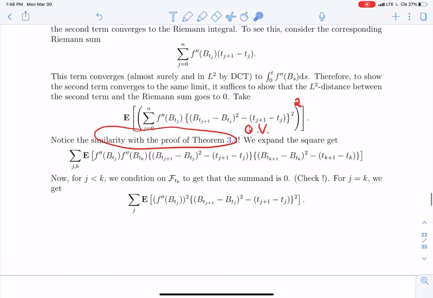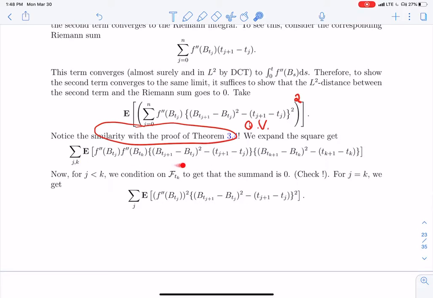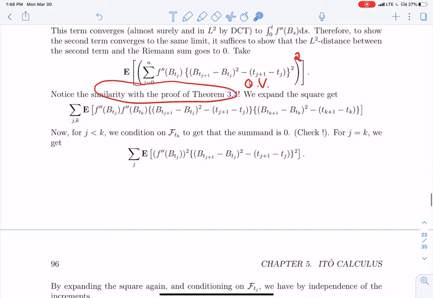So you expand the square, and what happens is I get a double sum of these two terms. And then I have the term where j is equal to k.